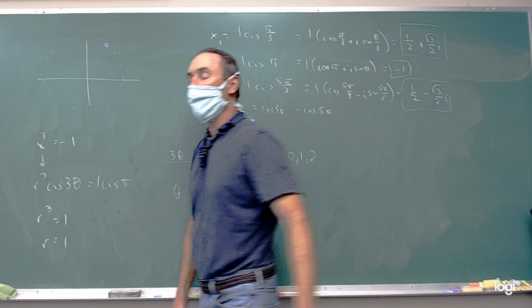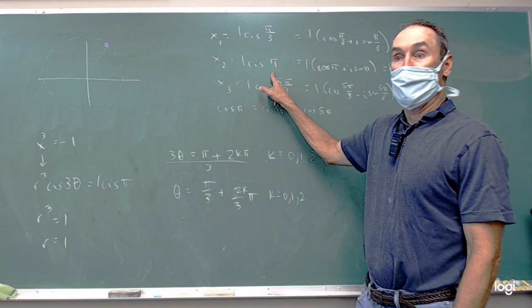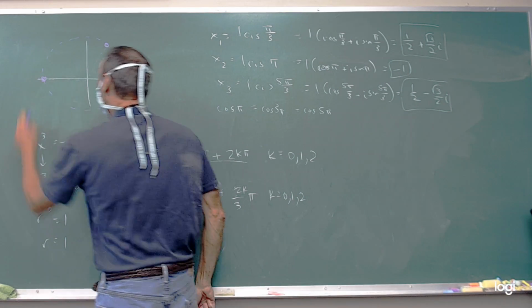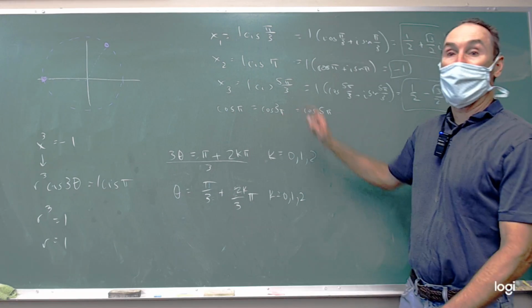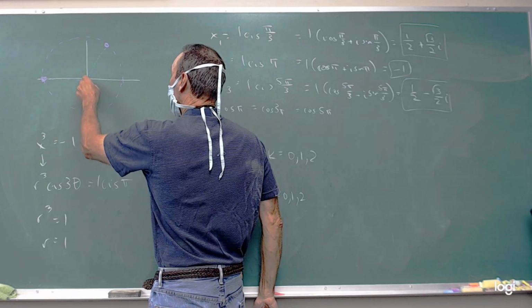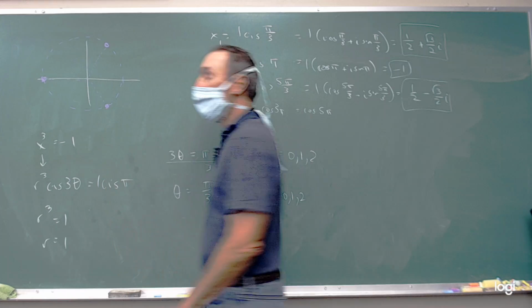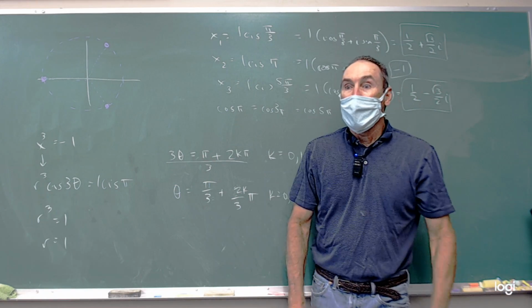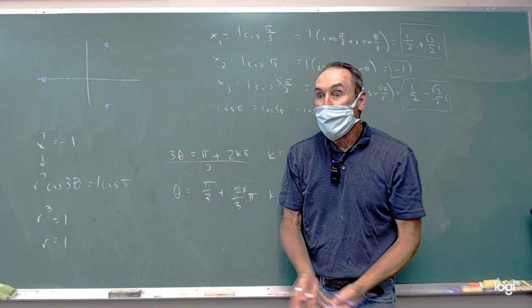The second one is an angle of pi. And the third one is an angle of 5 pi over 3. They're evenly spaced. Is that wild? All the same distance from the pole.